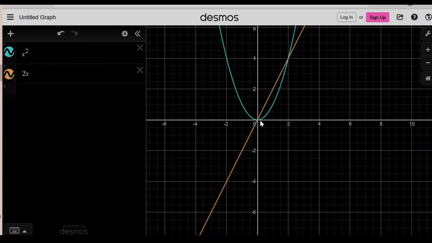Notice that at x equals 0 exactly, the function x squared is perfectly flat. That's where the vertex of the parabola is located, and the tangent line would be horizontal at this position. Since the tangent line would be horizontal, the derivative would be 0. And that's reflected by the fact that 2x outputs a 0 value at that position.